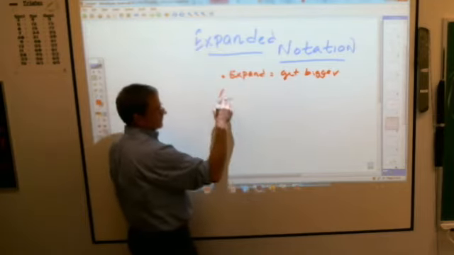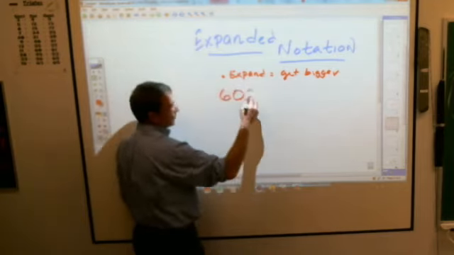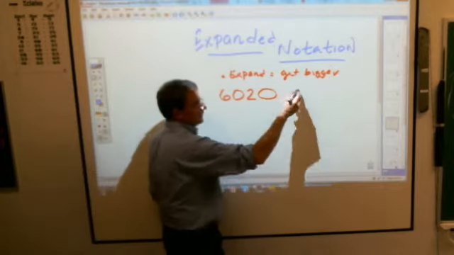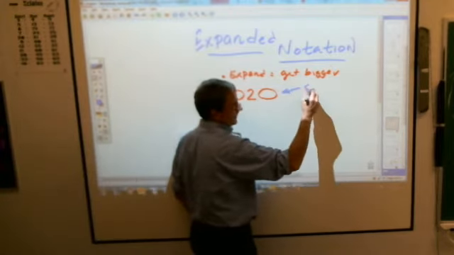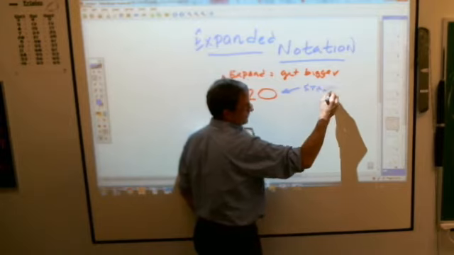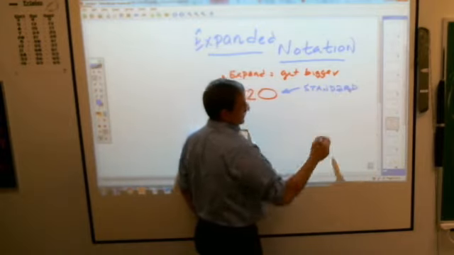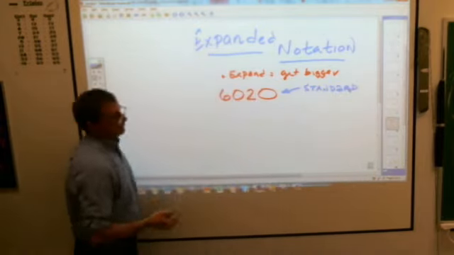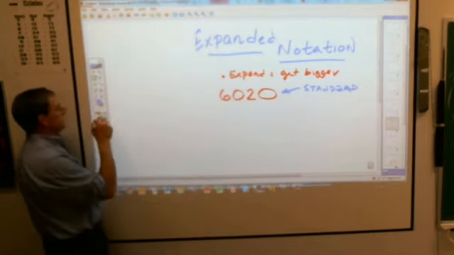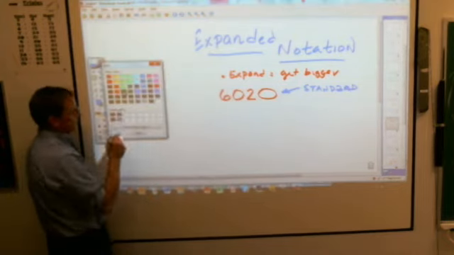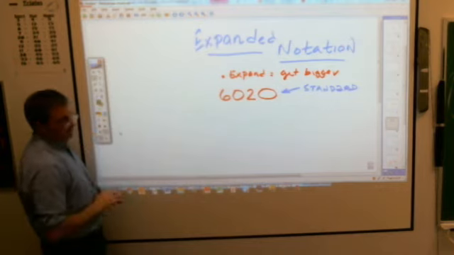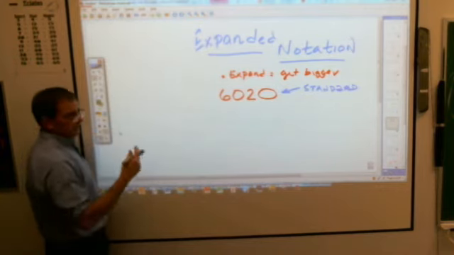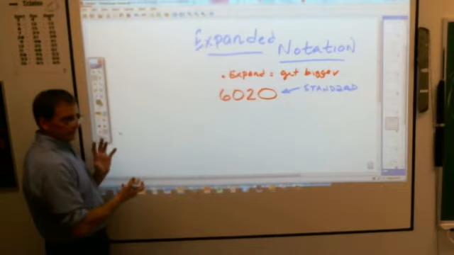Let's say I've got the number 6020. Okay, 6020 is written in standard form. That's the way we normally write it, so we call that standard. And we're going to take it from standard form and write it in expanded notation. In expanded notation, really what you're doing is you're taking the digits apart and telling what they really stand for.